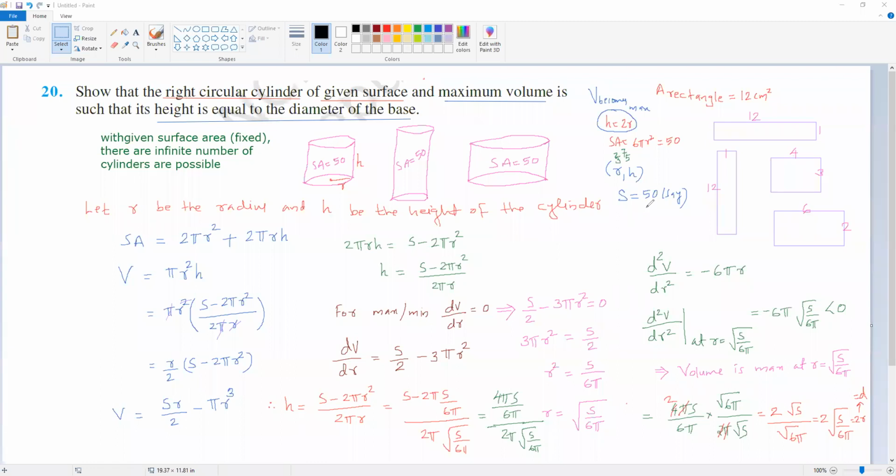Then with this r and h you can find the volume using the formula pi r square h, so you will get different volumes. Out of those, the maximum volume will come when the height is equal to 2 times the radius, that means if radius is say 4, then height h should be 8. In that situation you may get surface area 50, but at that time this volume will be maximum.